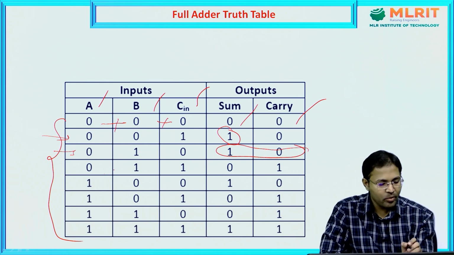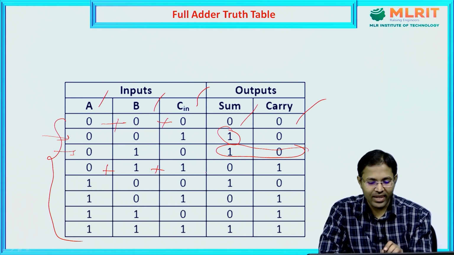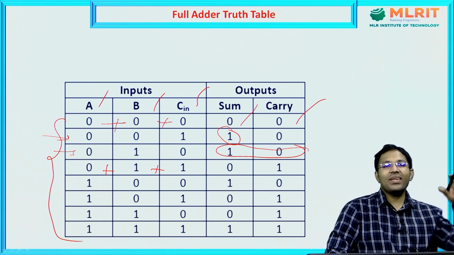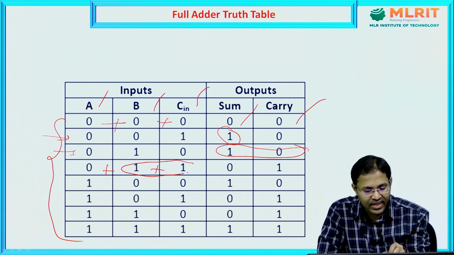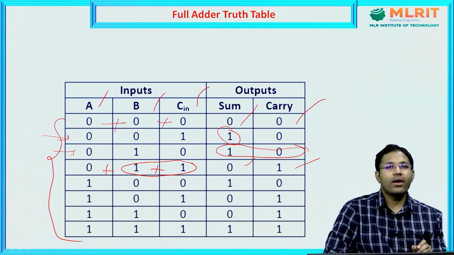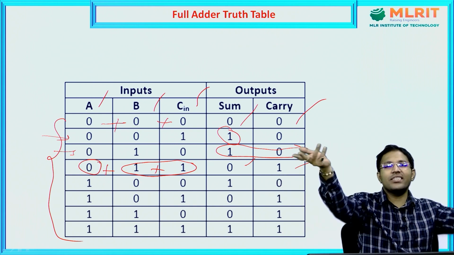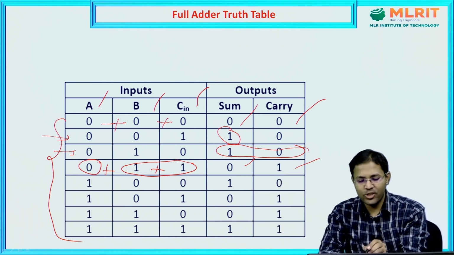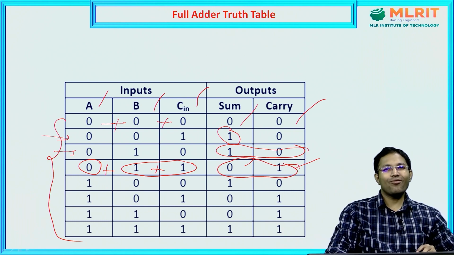Next, 0 plus 1 plus 1. Previous case we have seen in half adder 1 plus 1, sum is 0, carry is 1. To that we are adding 0, means we are not adding anything, so the result should be same as previous case, 0 1.